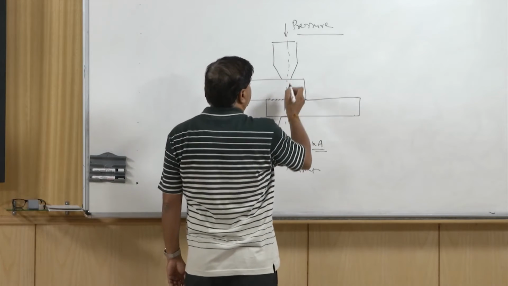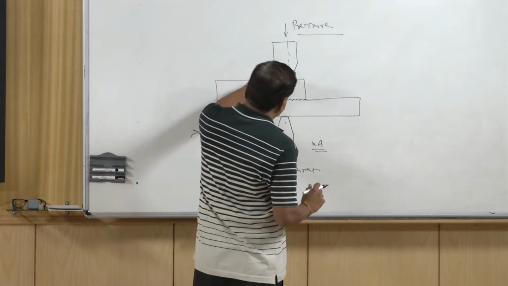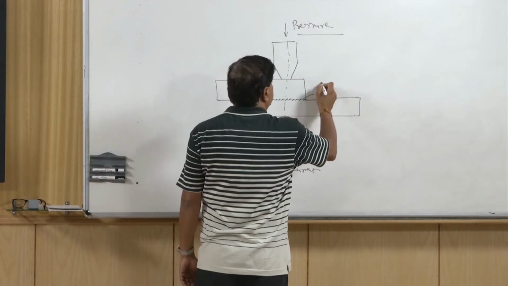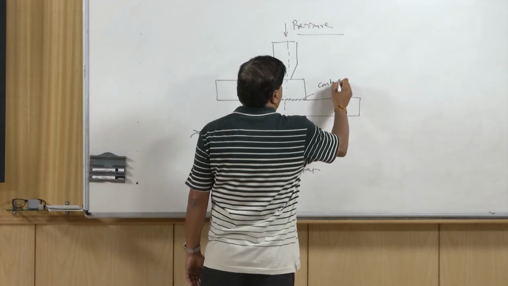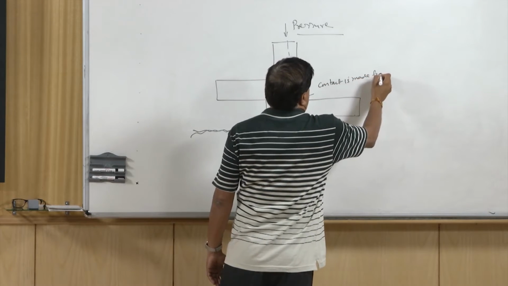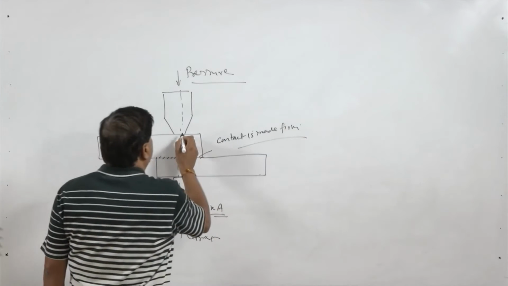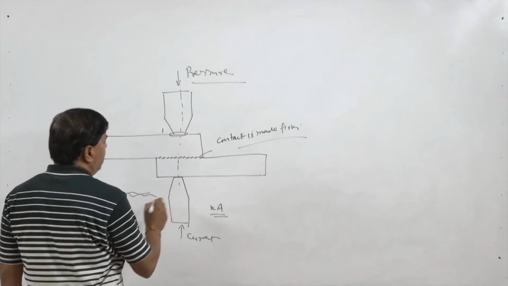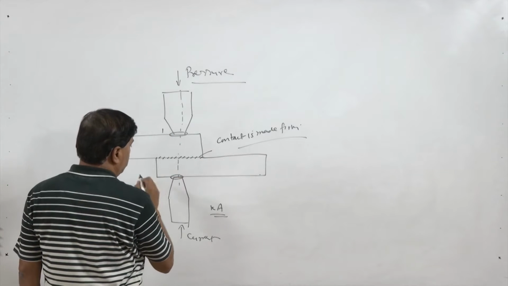Pressure helps in bringing the faying surfaces together. So, contact is made firm, both the contact of the electrode with the workpiece surface at location 1 and location 2.